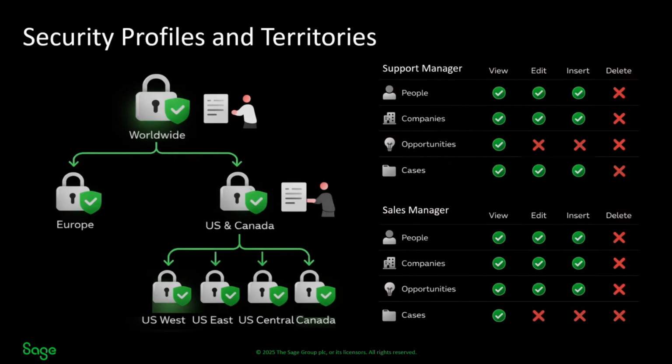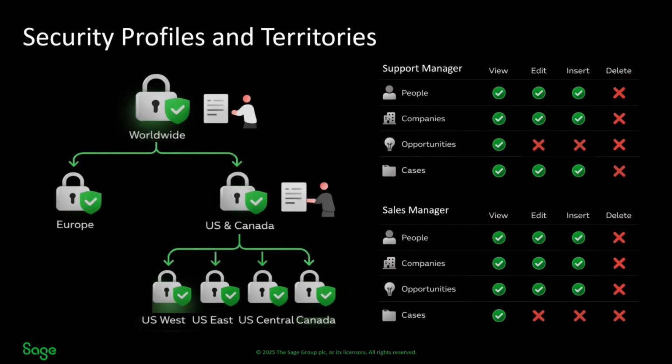She is also somebody who is in the territory of US and Canada. Now she's labeled as belonging to that territory herself, and that means that she can see any data in the US and Canada and the data that sits underneath that.